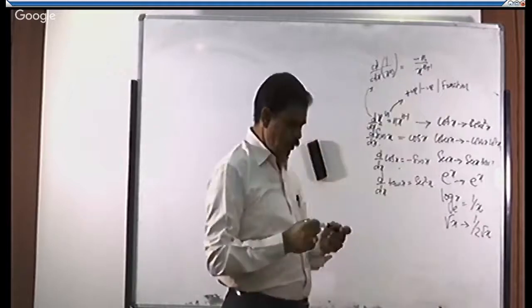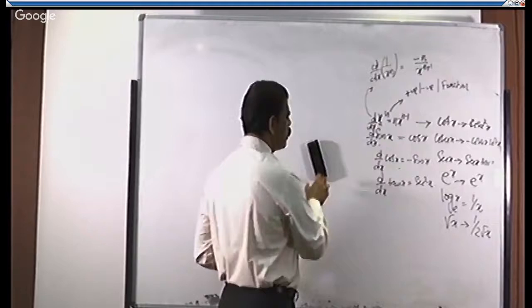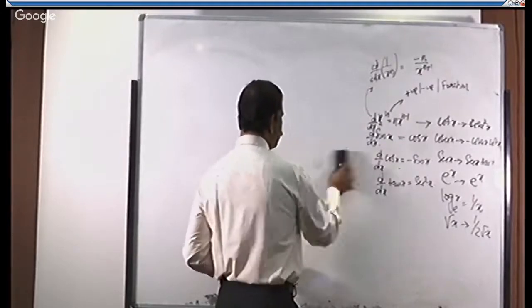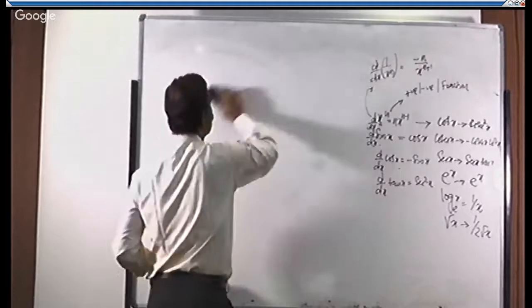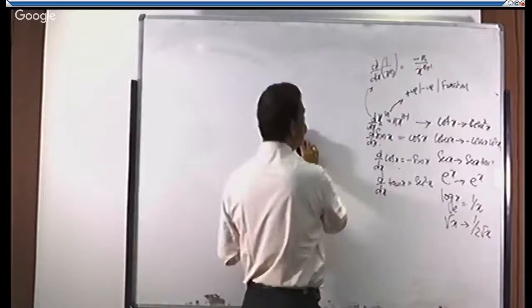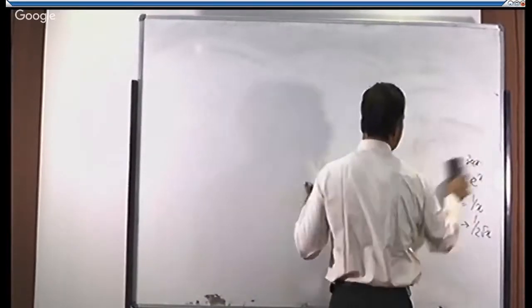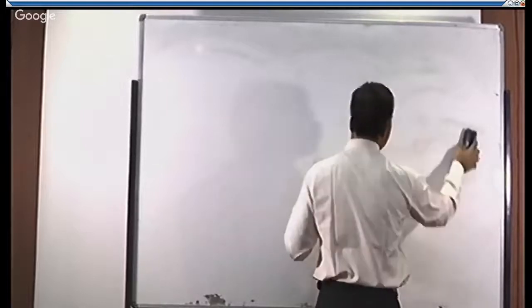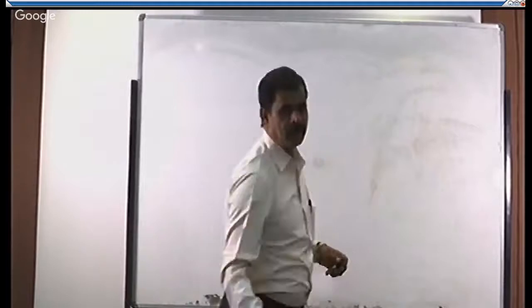So like that, we will have the derivatives of standard functions. Now I will discuss the rules of differentiation. First, I will write all the derivatives at one end so that it will be easy to write the derivative of a standard function at the required step.